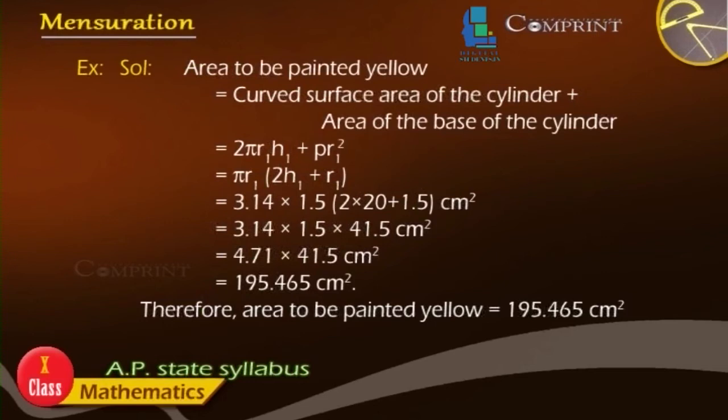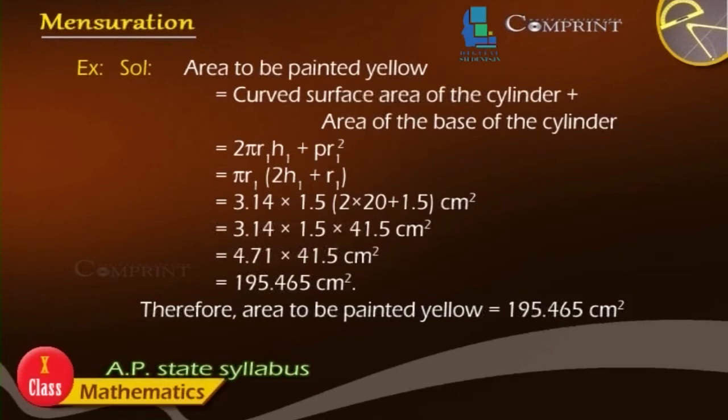Area to be painted yellow is the curved surface area of the cylinder plus the area of the base of the cylinder, which is 2 pi R1 H1 plus pi R1 square = pi R1 into (2 H1 plus R1) = 3.14 into 1.5 into (2 into 20 plus 1.5) centimeter square = 3.14 into 1.5 into 41.5 centimeter square = 4.71 into 41.5 centimeter square = 195.465 centimeter square.